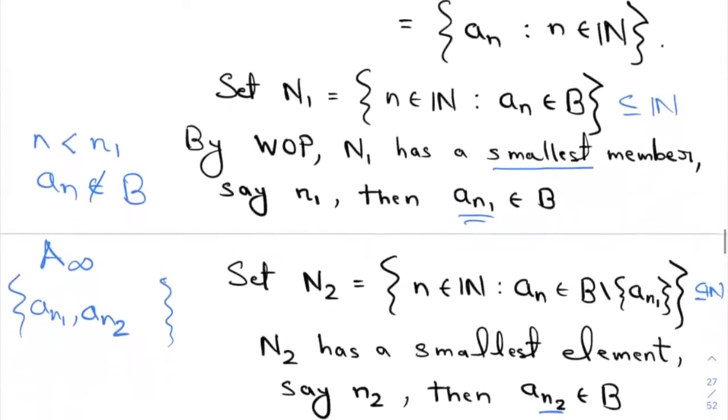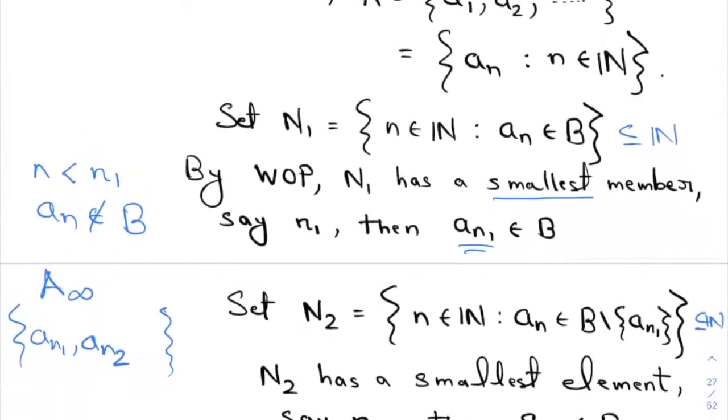To do that, we'll define this set N1. So to get hold of the first or the smallest index N1, so that AN1 belongs to B, I'm looking at this capital N1, which is going to be all those indices N for which AN belongs to B. And definitely this is a non-empty set because elements of B are from A, right?